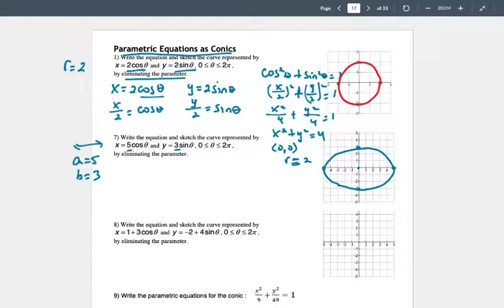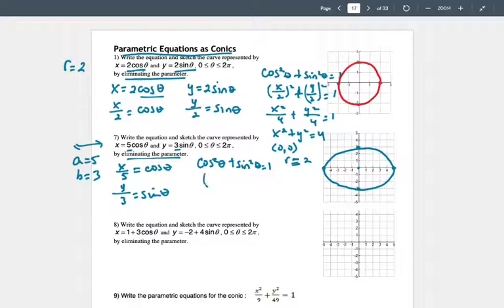So that's our ellipse there. But again, we can eliminate the parameter and see that in the normal conic standard form that we're used to. I'm going to divide by 5, and that's what equals cosine theta. And then I'm going to divide by 3, and that's going to be what sine theta equals. And then we're going to put it in the Pythagorean identity.